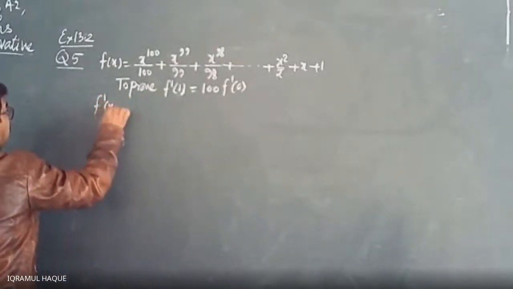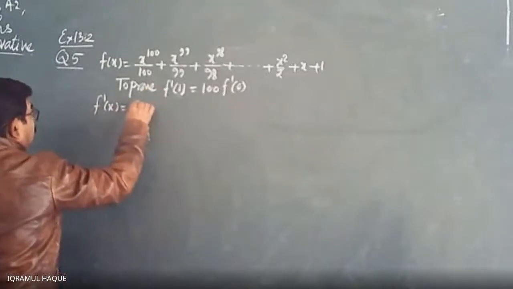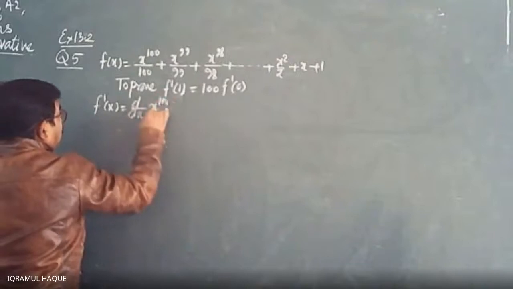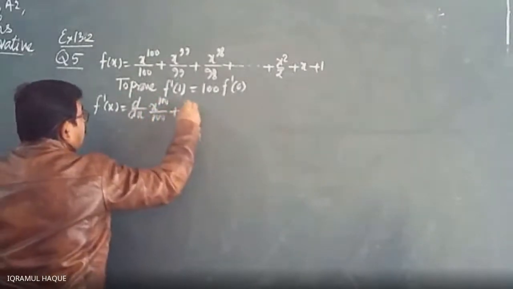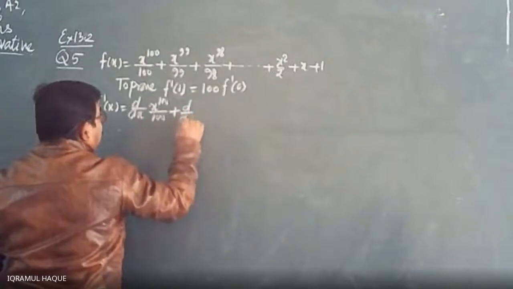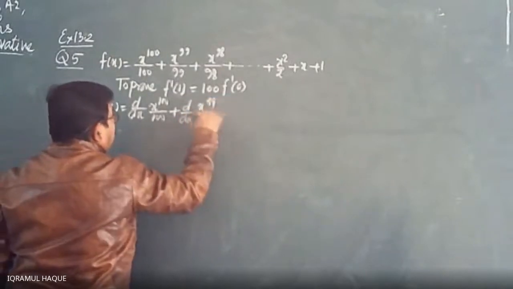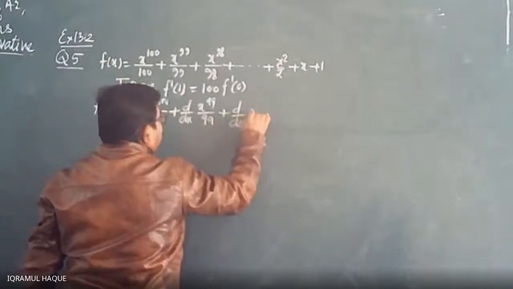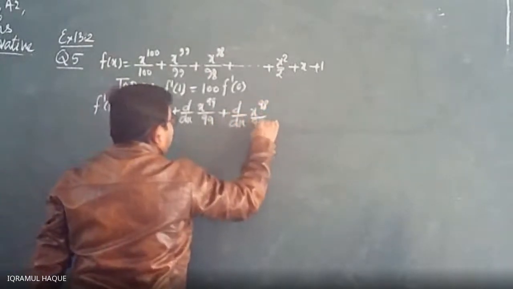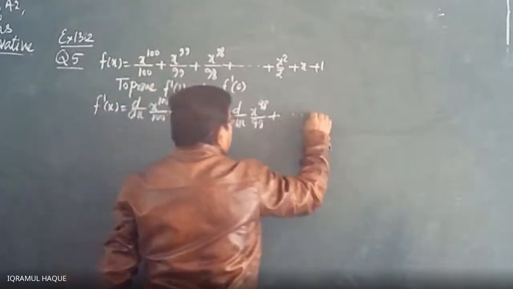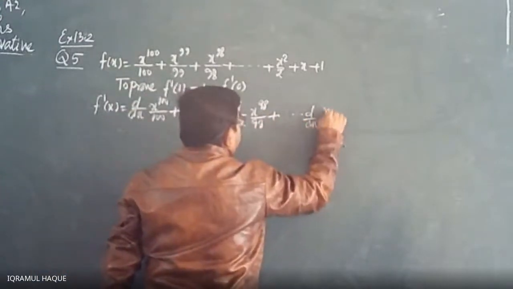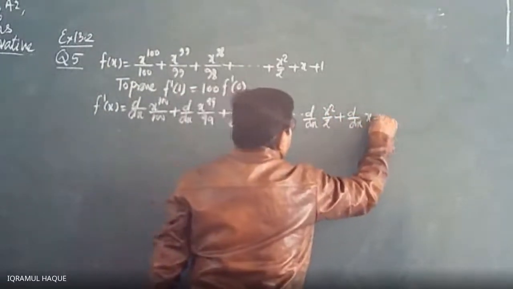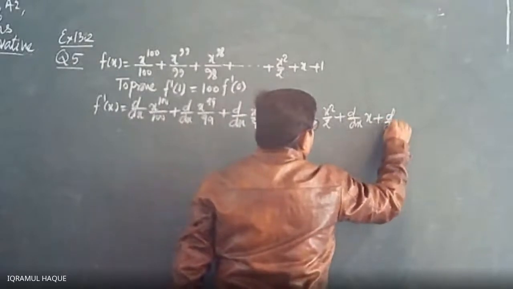f dash x means we have to write d/dx of x to the power 100 upon 100 plus d/dx of x to the power 99 upon 99 plus d/dx of x to the power 98 upon 98 plus so on, d/dx of x squared upon 2 plus d/dx of x plus d/dx of 1.